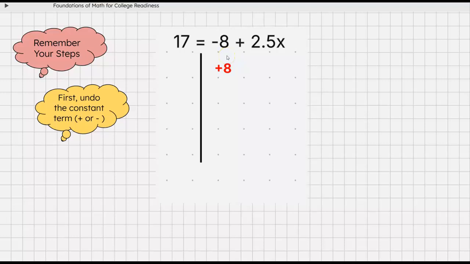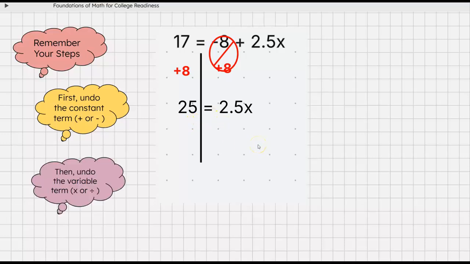So in this case, we're going to actually add 8 to both sides of the equation. When we add 8 to both sides of the equation, it zeroes out on the side with the variable, and 17 plus 8 on the other side is equal to 25. So we end up with 25 equals 2.5x.